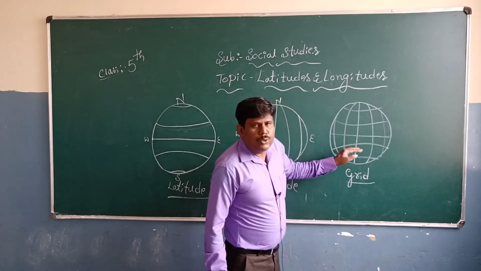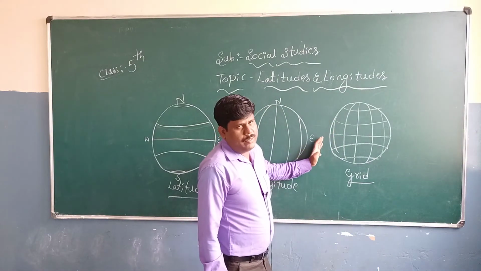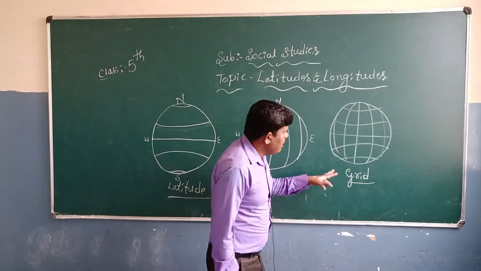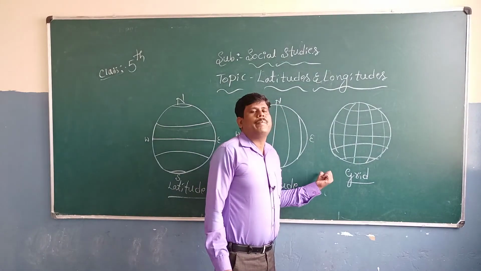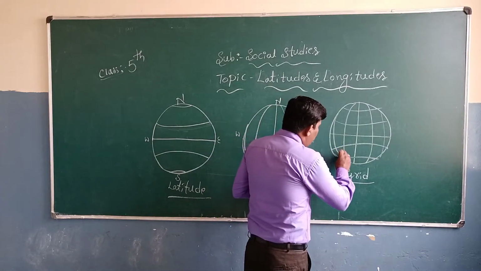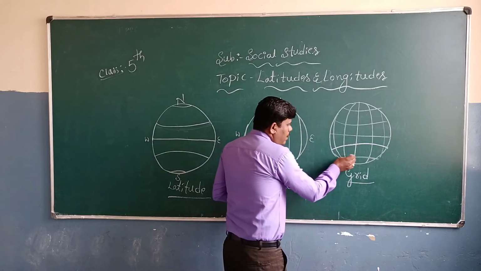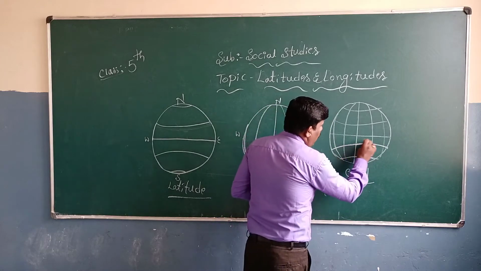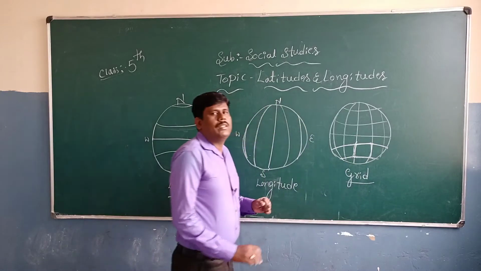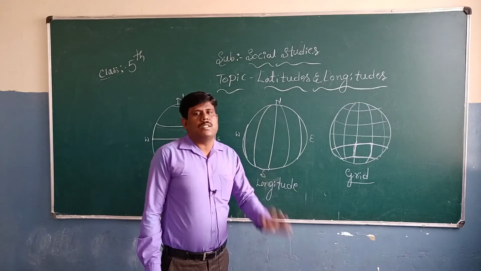Latitudes and longitudes intersect each other at right angles. That system is called a grid system. The latitudes and longitudes that intersect each other at right angles are known as the grid system.